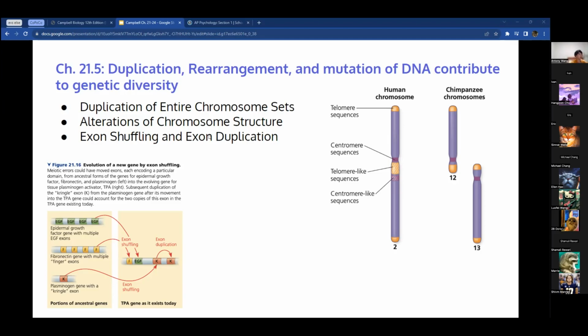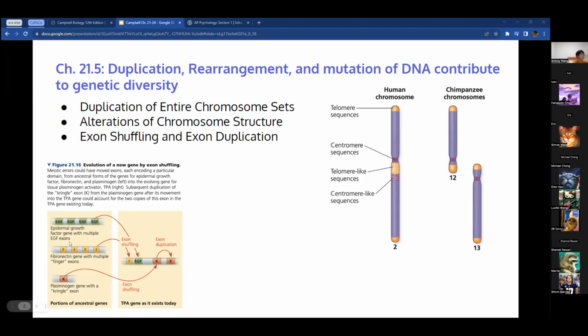Alterations of chromosome structure: on the right, you can see how human chromosome number 2 is a fusion of chimpanzee chromosomes 12 and 13.